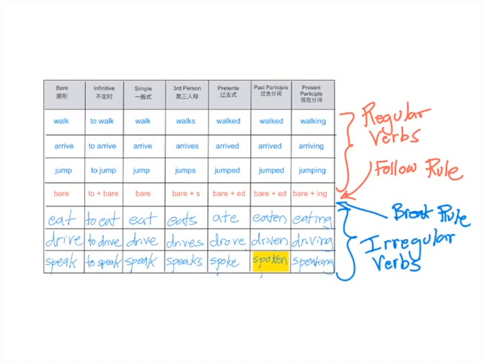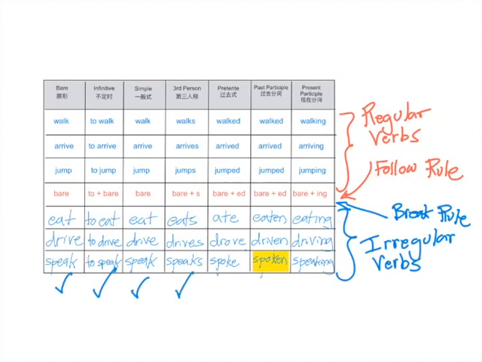Let's look. Well, the bare form is just the bare form, so you can't really break that because that's the root form. To make the bare into the infinitive, they just added to the bare form, so they're still following the rule there. The simple form and the bare form are the same, so they follow the rule there. They also follow the rule by adding an S to the bare form to make the third person.